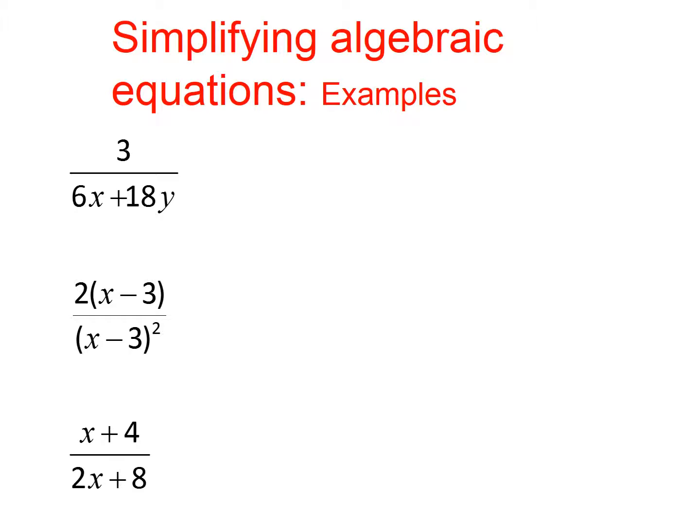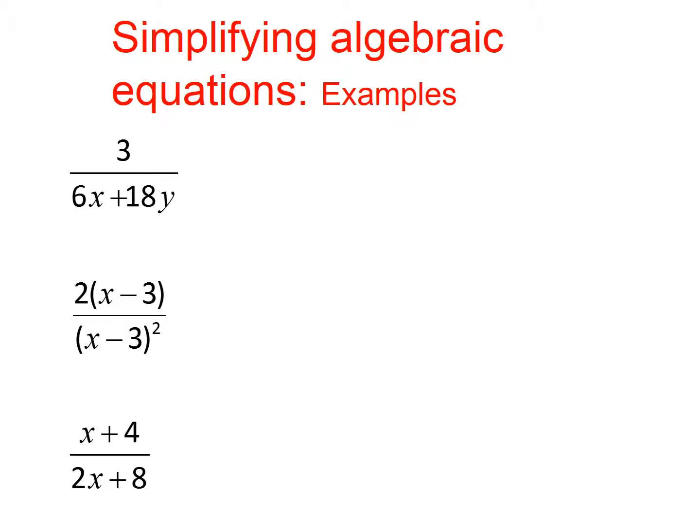So it looks like I can rewrite this like this, which then gives me a common factor in the top and the bottom. So I can rewrite that as x plus 4 divided by x plus 4 times 2.